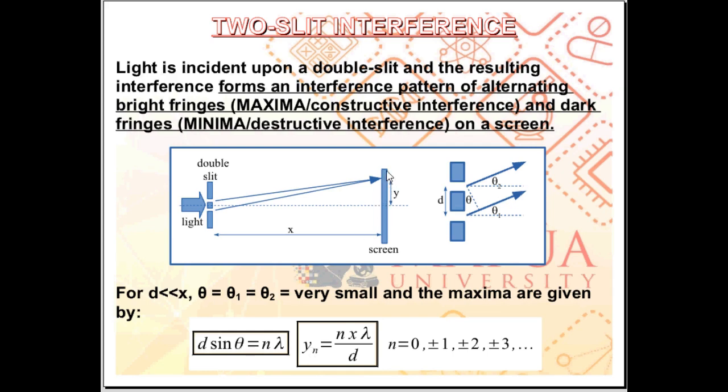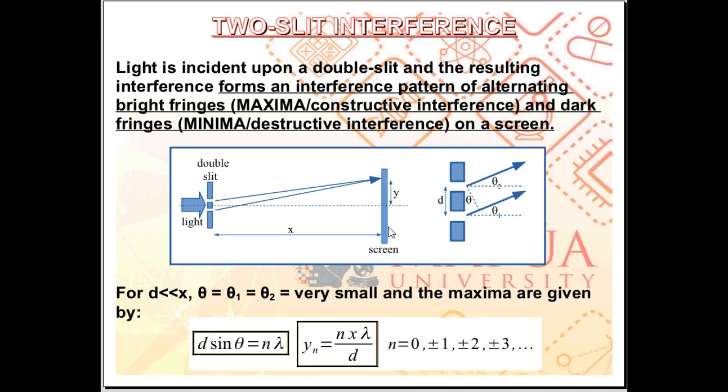You have different values of y for the different values of n. N again is equal to 0, plus minus 1, plus minus 2, plus minus 3, and so on. So again, these equations are for the maxima locations on the screen, for the locations of the bright fringes on the screen.